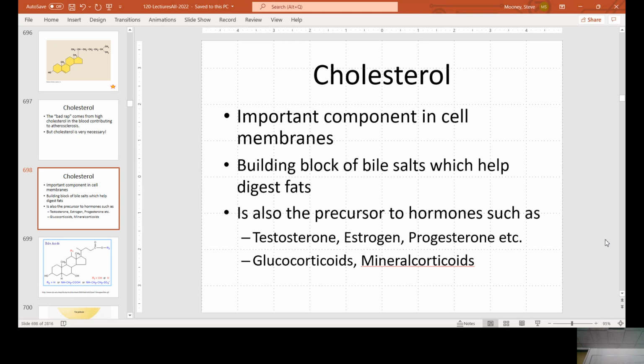You'll also have a group of cholesterol-based corticoids that influence the metabolism in the body of glucose, so they're glucocorticoids. You also have a group that influence mineral metabolism in the kidney. What stays, what goes, those are mineralocorticoids.